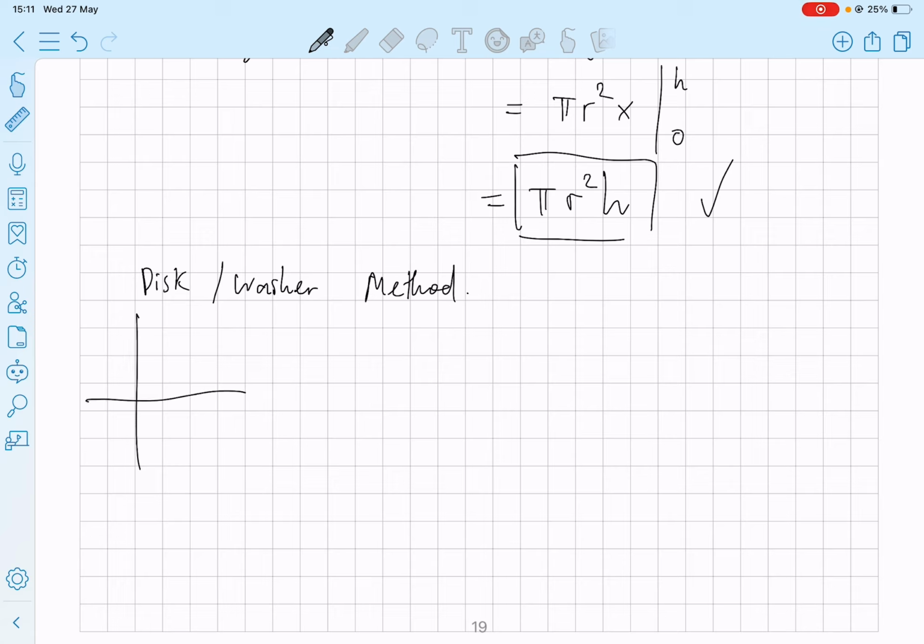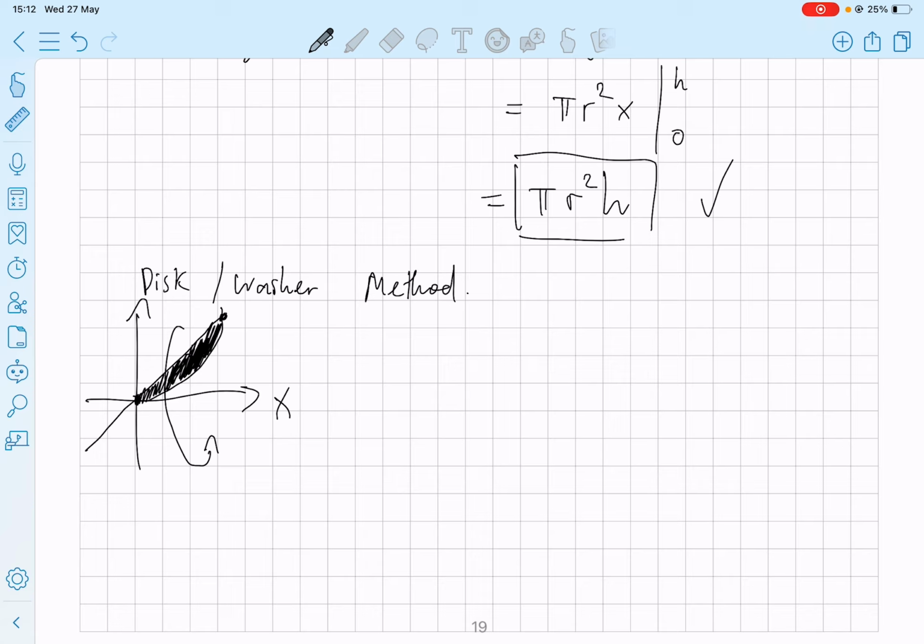Most of the problems will give you a graph like this, a line and a parabola right here, and ask you to find the volume that is made when you rotate this area around the x-axis. So it will rotate like this, and it will create a shape that has a volume, and it asks you to find that volume.